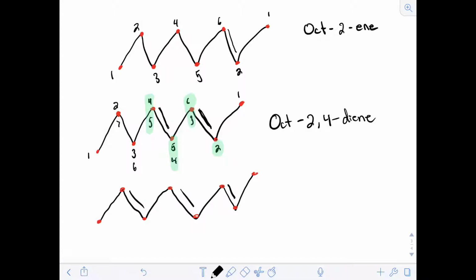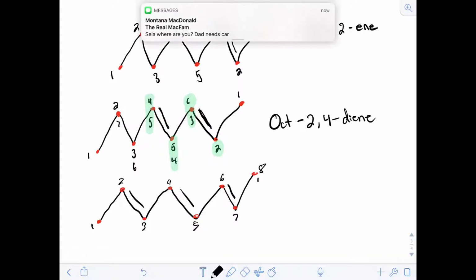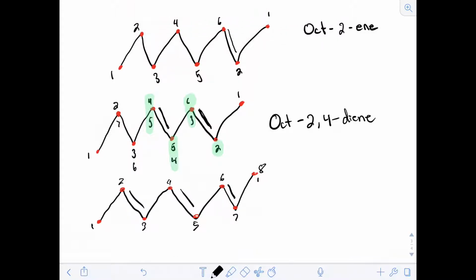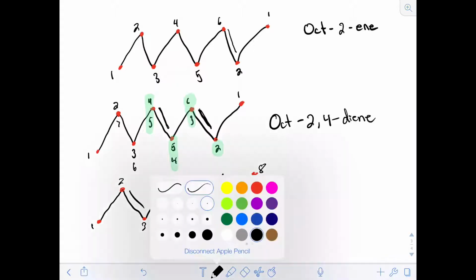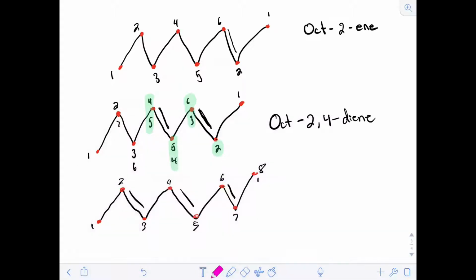So 1, 2, 3, 4, 5, 6, 7, 8. And then if you wanted to count in reverse because you weren't sure, that's totally fine, because you can count in reverse and do 1, 2, 3, 4, 5, 6, 7, 8 from right to left. So then you're going to take your lowest number on each bond. So in this case, it would be 2, 4, and 6.